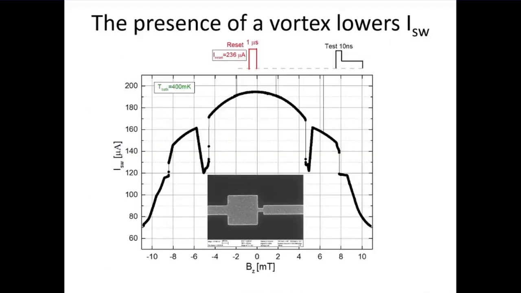But we find a narrow range of fields in which the expulsion of the vortex is possible during readout, when driving the junction close to the critical current threshold. Now we will magnify on this dip and see what happens there.